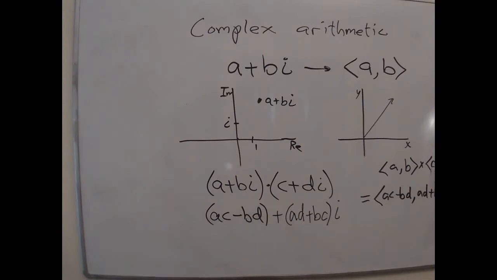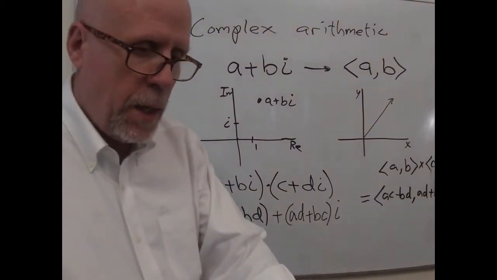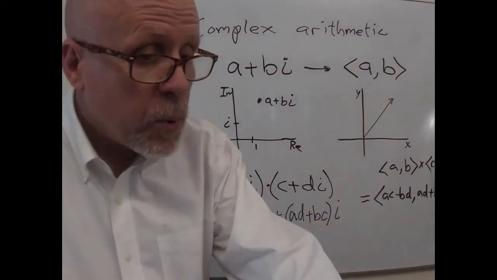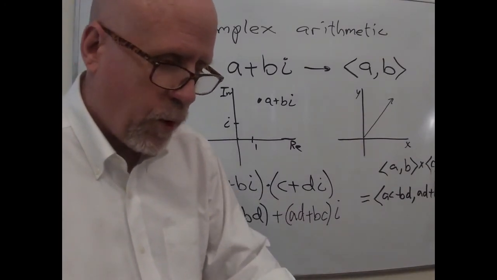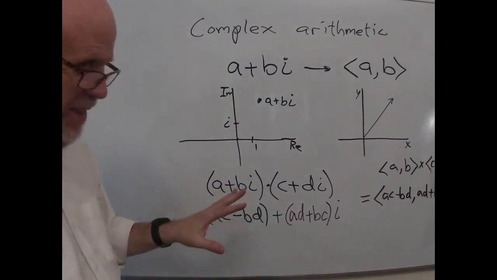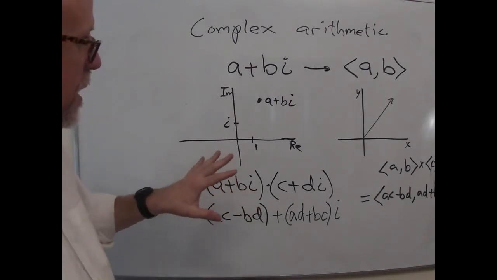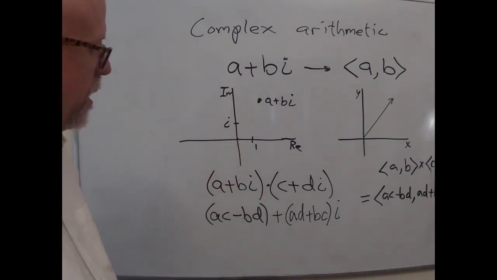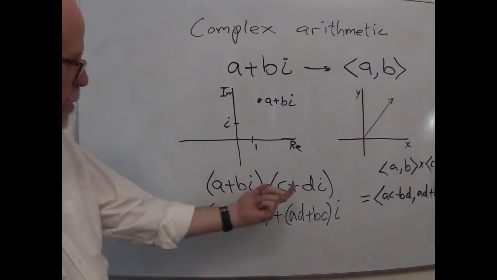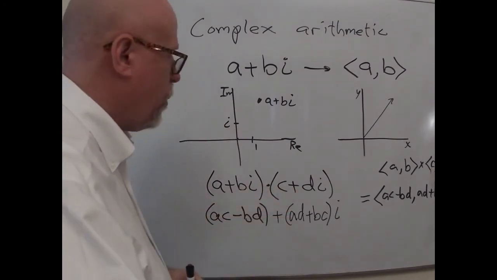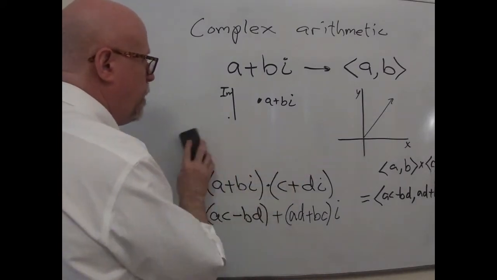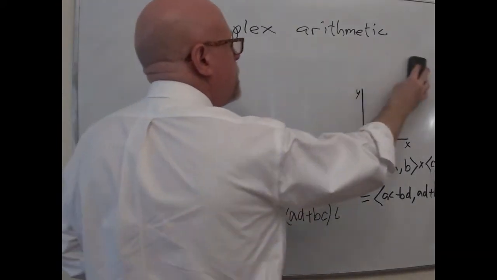So let me talk a little about Hamilton. He was a brilliant mathematician, but for quite a while, like many years, he got fixated on this kind of a question. He knew that with complex arithmetic, we could multiply pairs of numbers. And he wanted to know, is it possible to multiply triples?